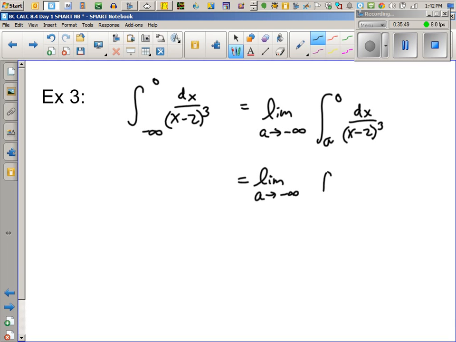Okay, why don't we write this as x minus 2 to the negative third. I think we can solve this by adding a power. If I add 1 to my existing exponent, it goes from negative 3 to negative 2, right?